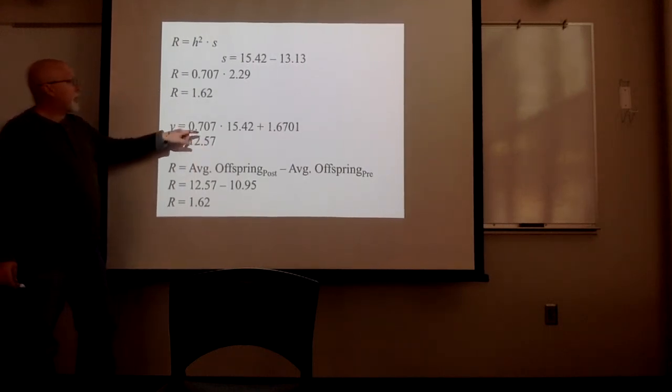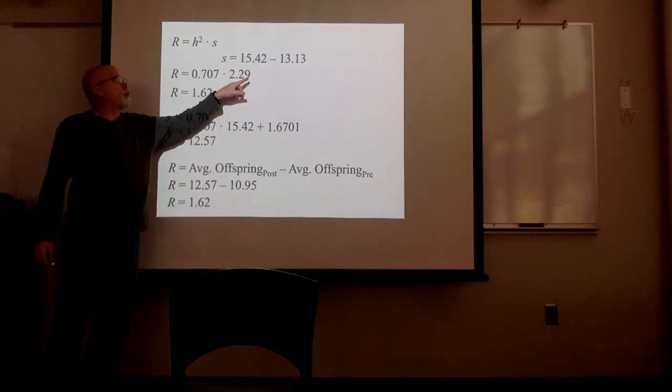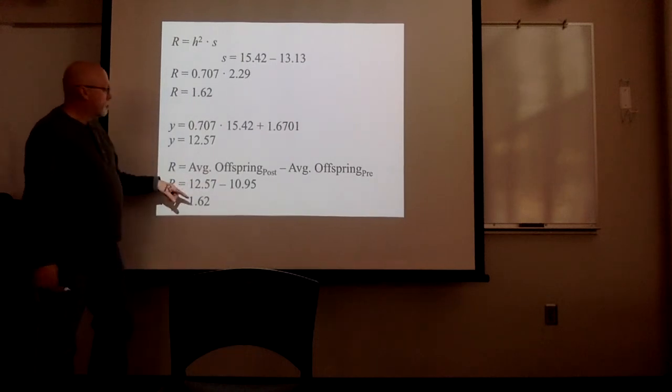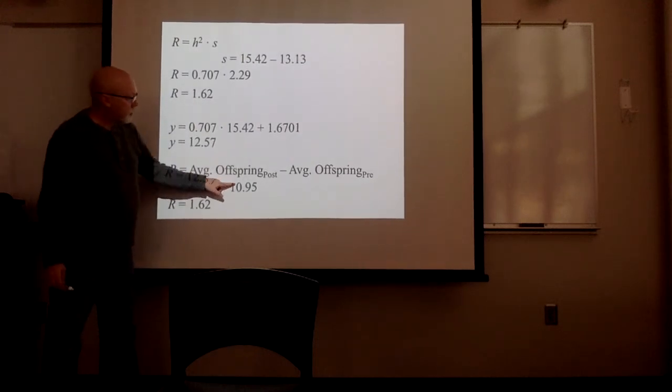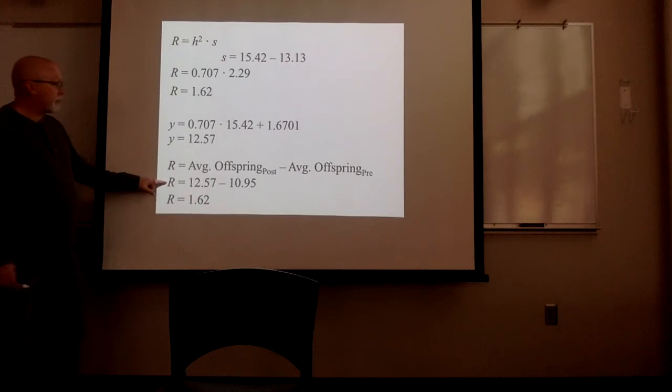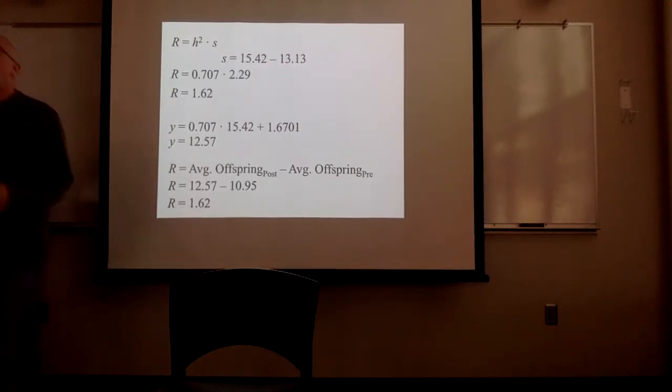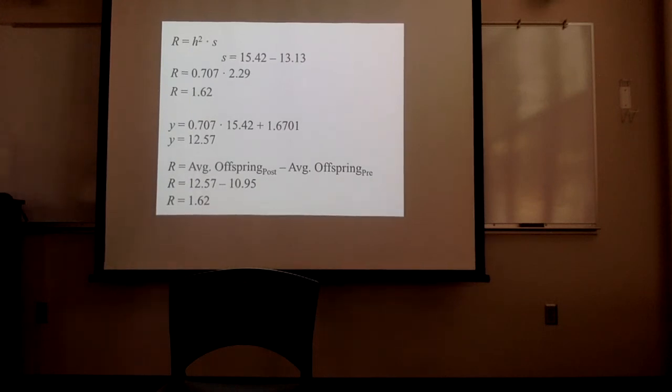Figure out what the average offspring phenotype would be at an average of 13.13, and then subtract the post-selection minus the pre-selection average of offspring. That will also give you the response to selection. There are a couple of ways that you could think about this. Probably the easiest one is to use the Breeder's equation.